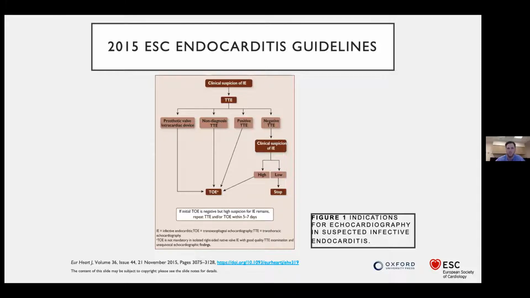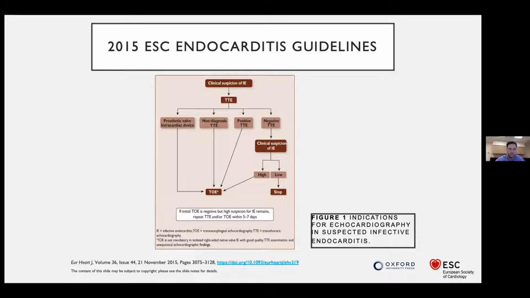One should follow this algorithm before applying the Duke criteria because it actually enables you to apply the Duke criteria. So let's take a closer look at the algorithm. Of course, in all patients with suspicion of endocarditis, do start with a TTE.